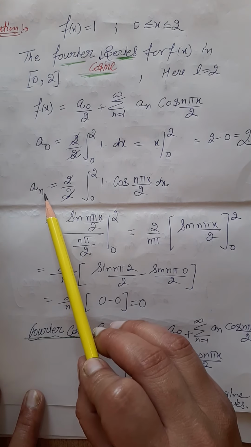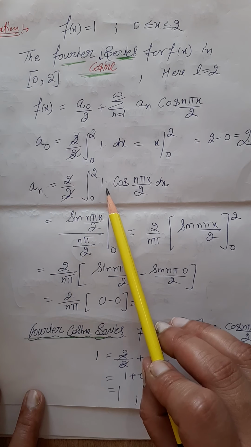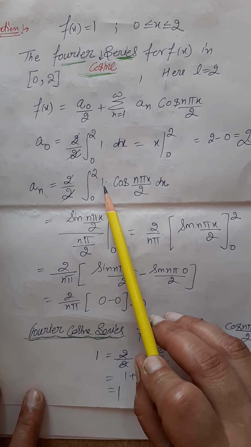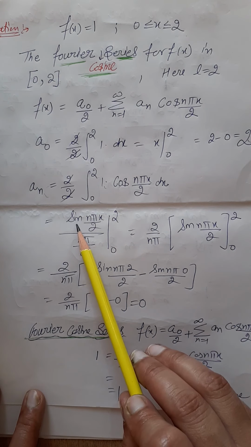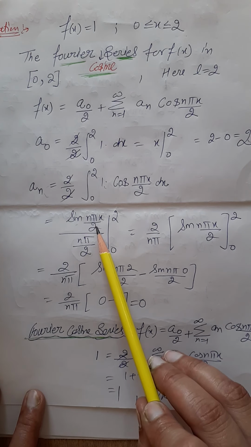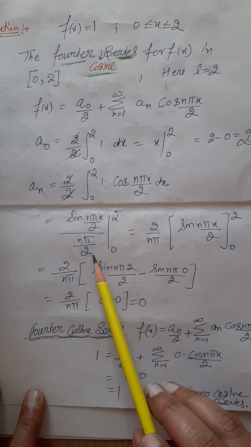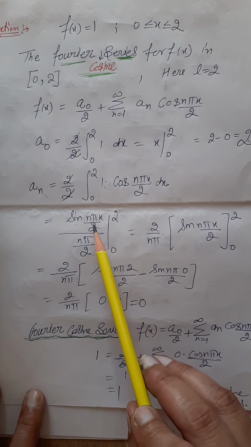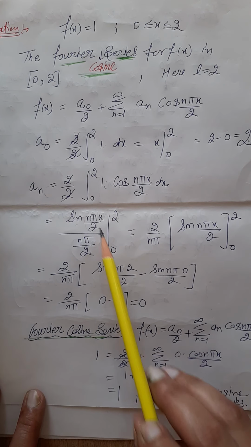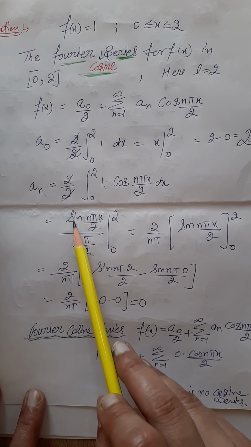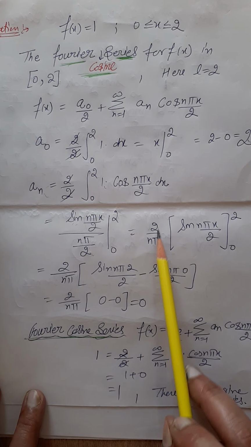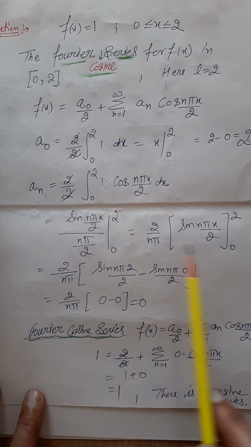After that, we find the value of an, and we write fx is equal to 1. We all know that the integration of cos is sine n pi x upon 2, and the coefficient of x is n pi upon 2. Then we write upper limit minus lower limit. N pi by 2 you can take in the numerator, so you write 2 by n pi.